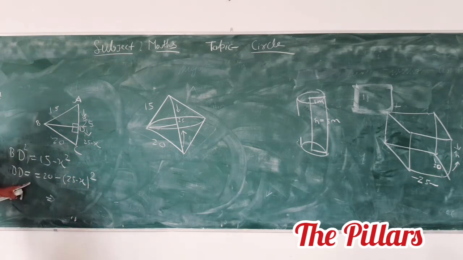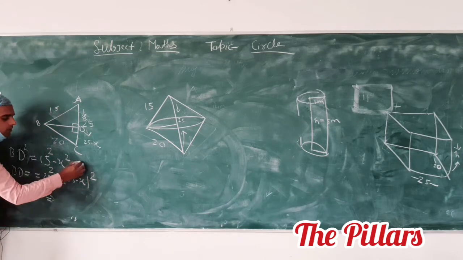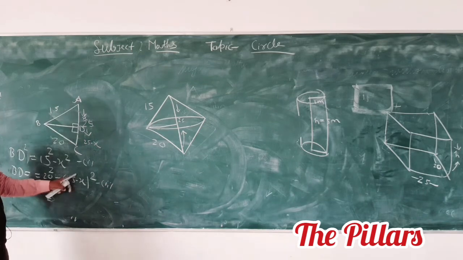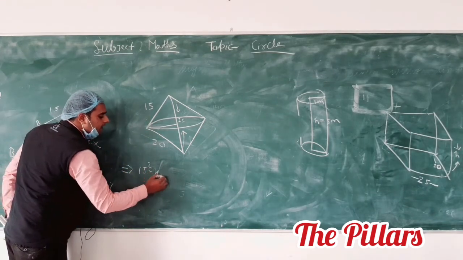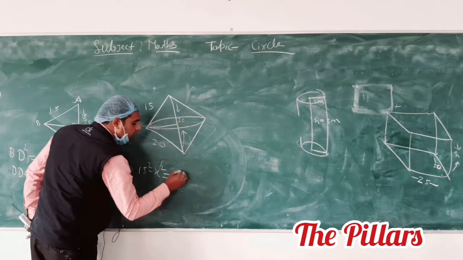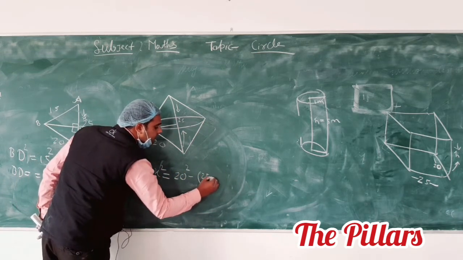BD is common. Suppose this is equation 1 and this is equation 2. Equating the two equations, 15 square minus x square equals 20 square minus 25 minus x whole square.